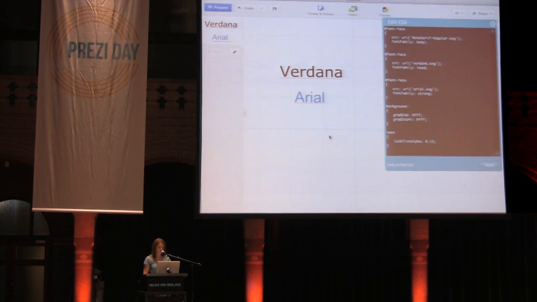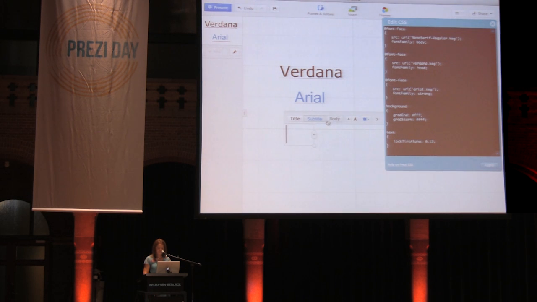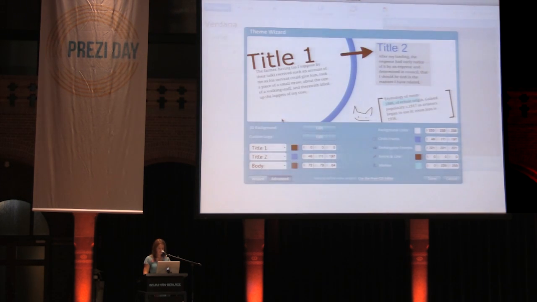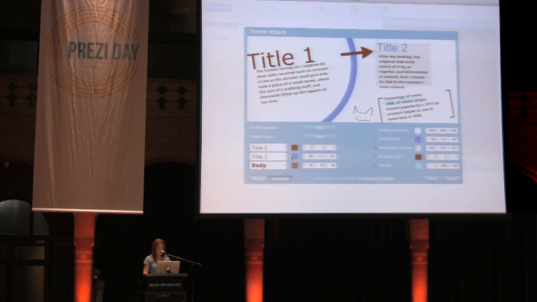Somewhere there's a list. I had a list once, but I can't find it anymore. So another really cool thing is this. Let me go back first to the wizard and change the body to Open Sans bold. It's nice, but it's really, really bold.